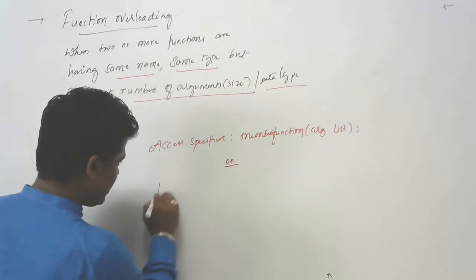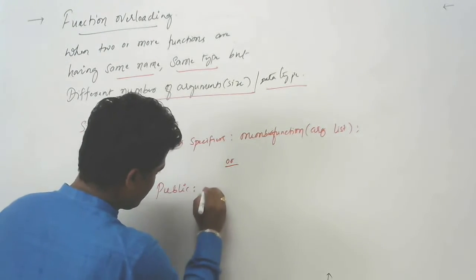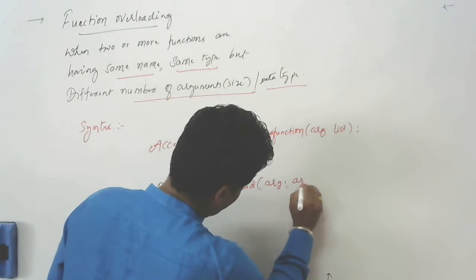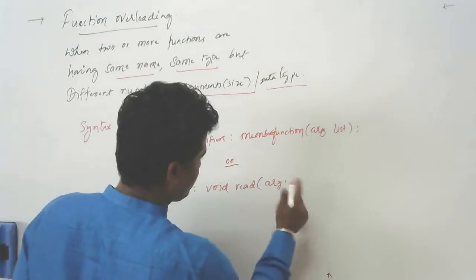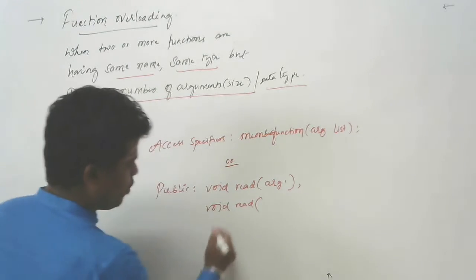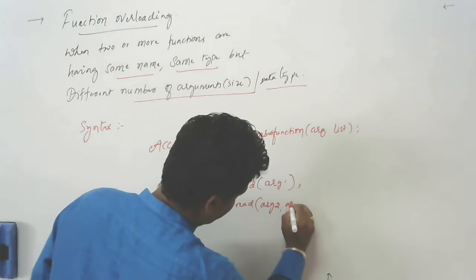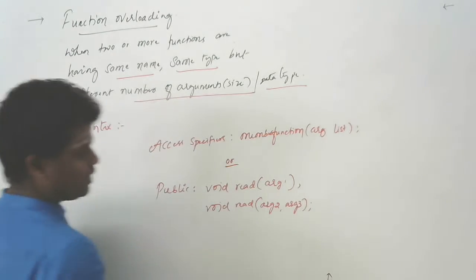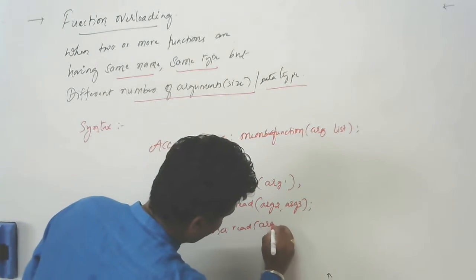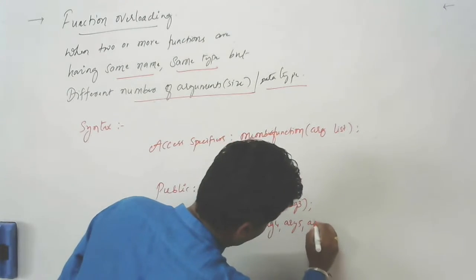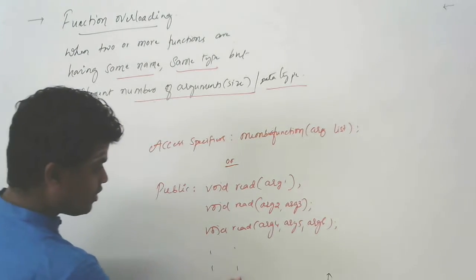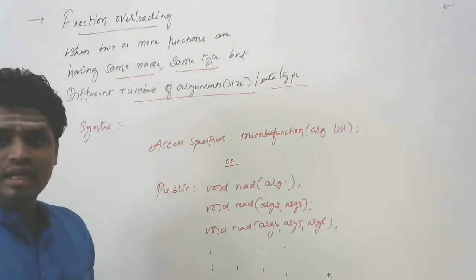Or you can declare public void read argument 1, just taking argument 1 only, semicolon. Next, one more function with the same name, void read, but the argument size is different: argument 1, argument 2, argument 3. Next, void read argument 4, argument 5, argument 6. So you can have n number of functions like this.